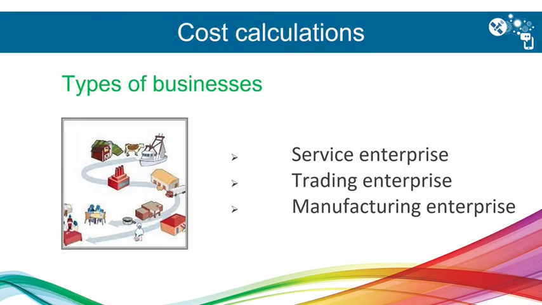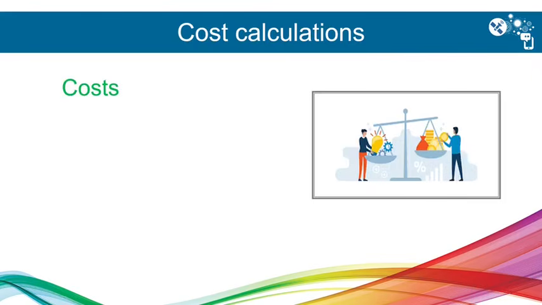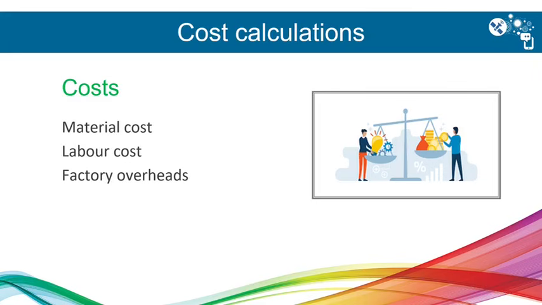Before we can decide on a selling price, we must most certainly first calculate how much it cost us to produce the product. Costs that we are referring to: material cost, the labor cost, factory overheads, as well as admin cost and sales and distribution cost.